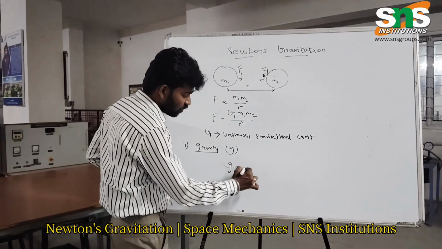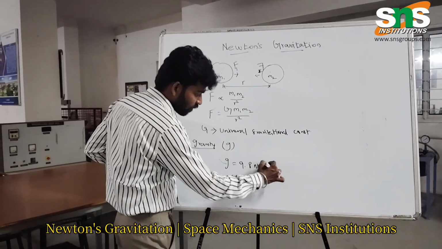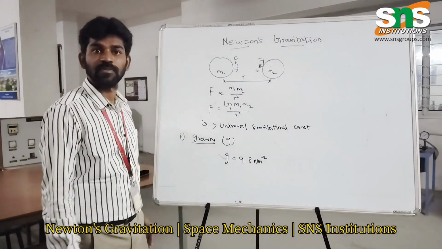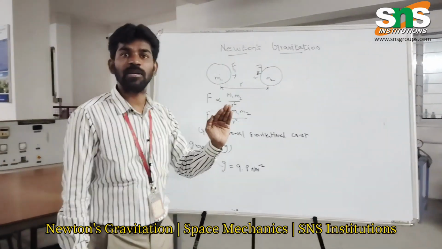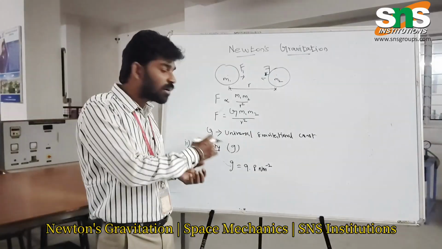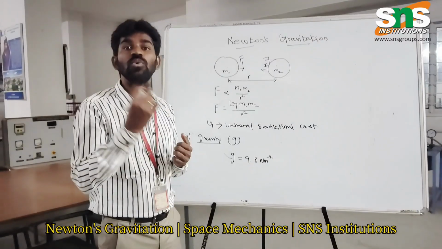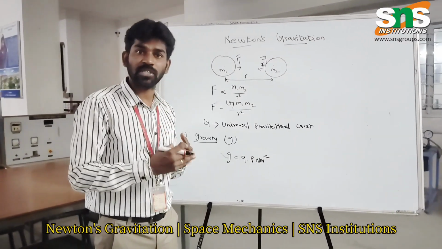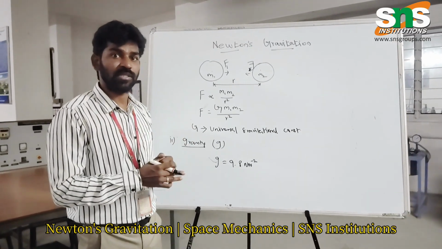The gravity value g is equal to 9.8 meter per second squared. So Newton's gravitational concept focuses on two objects or two celestial bodies with respect to their particular masses.